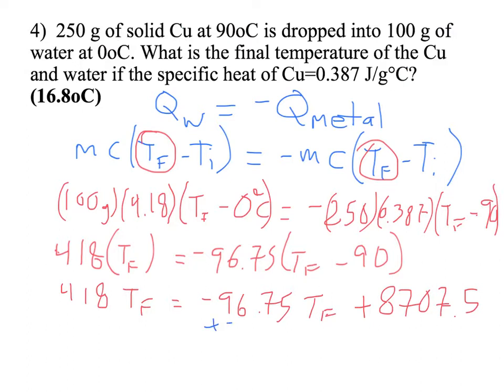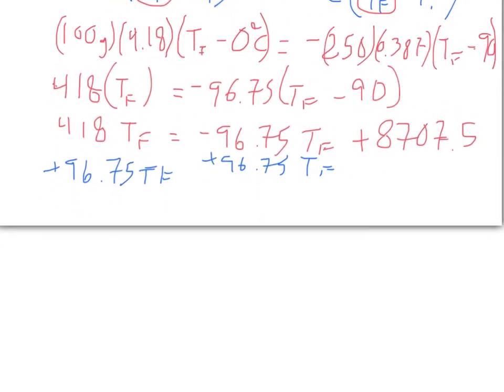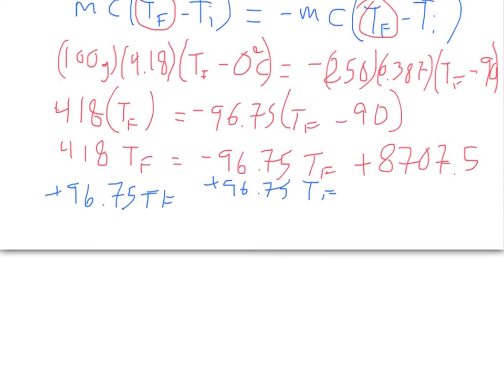So I can add 96.75 TF to both sides, like this, 96.75 TF. I'm running out of room. See if I can make a little more room. You're going to have to remember what this says up here.